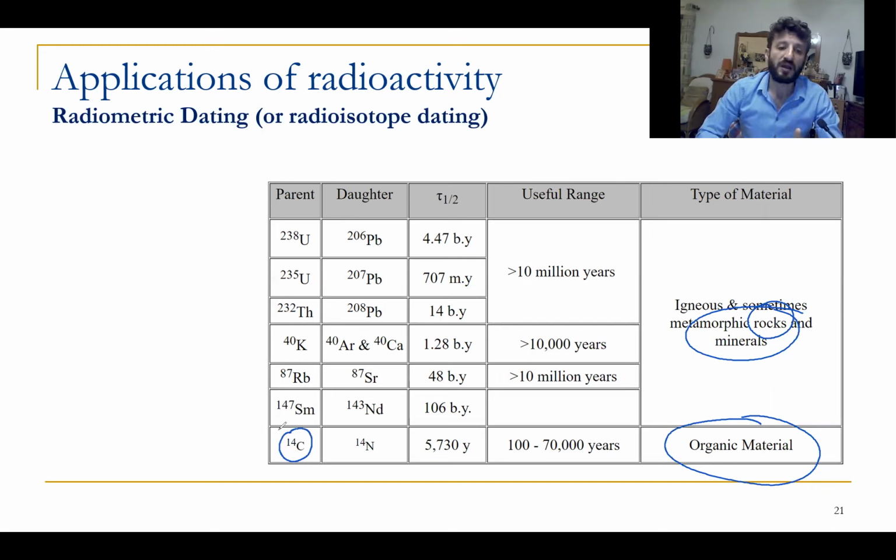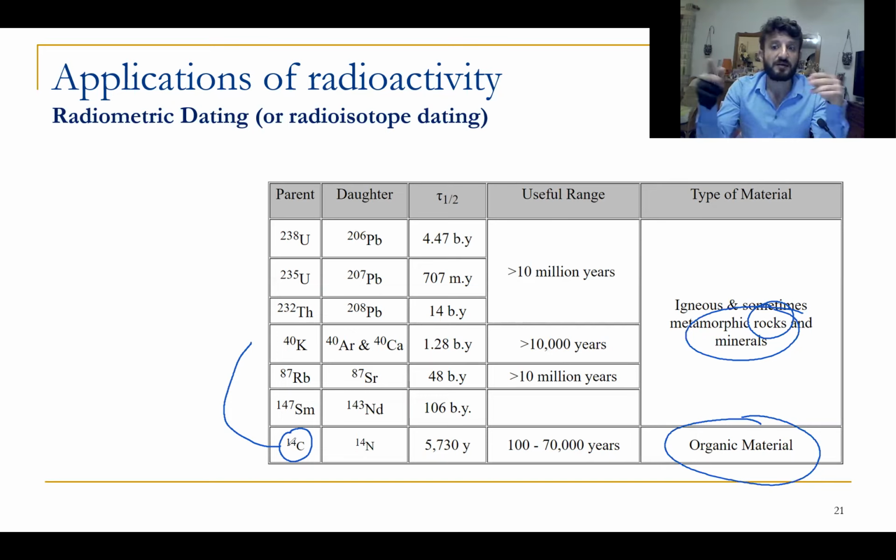Why can't I use carbon to determine the age of rocks? Because the lifetime of carbon is about 50,000 years, and the age of any rock is many billions of years. We cannot use carbon with a lifetime of many thousand years to determine the age of an object of many billion years.